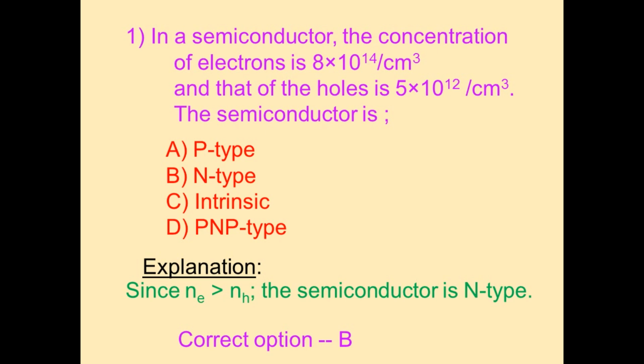In the problem, it is clear that the concentration of electrons is more than that of holes. So this is an n-type semiconductor. So the correct option is B.